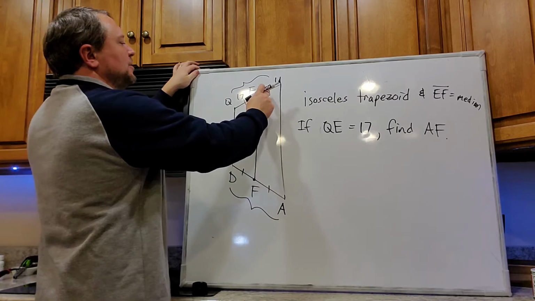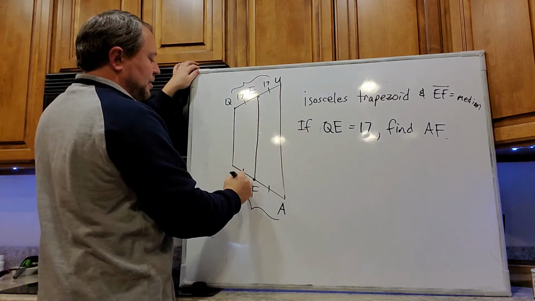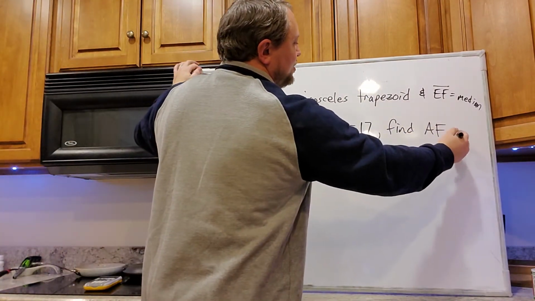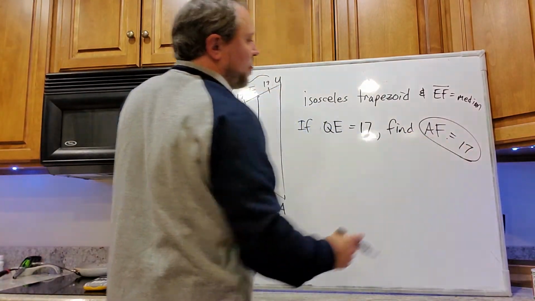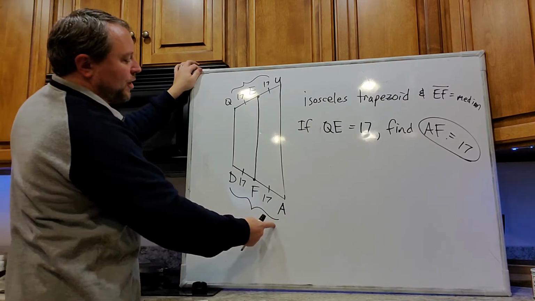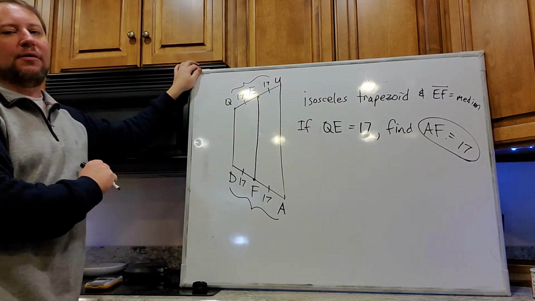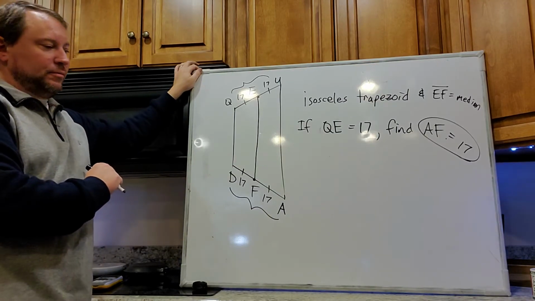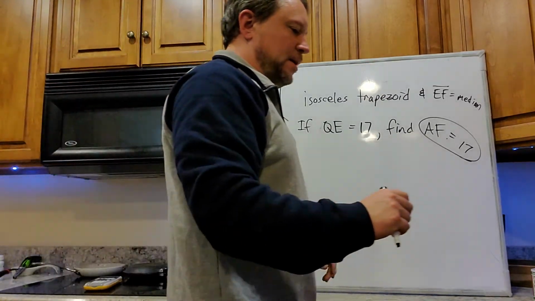So this is 17, that's 17, that's 17, and that's 17. So AF is just 17. If they had asked for AD, you would have added both of them together: 17 plus 17, or 34. Okay?